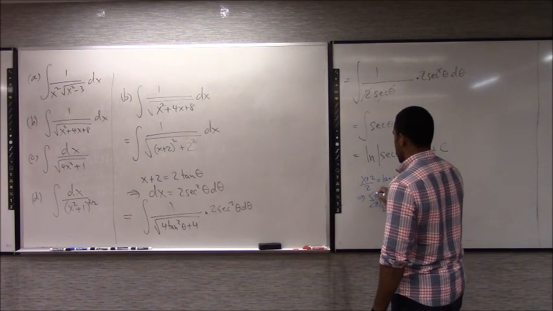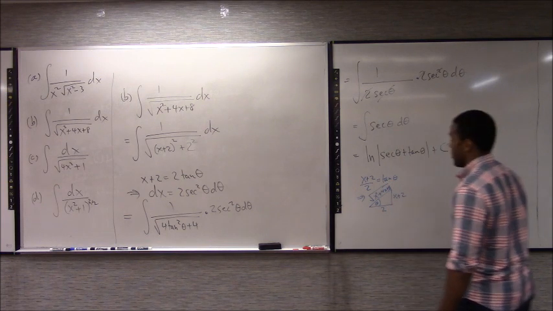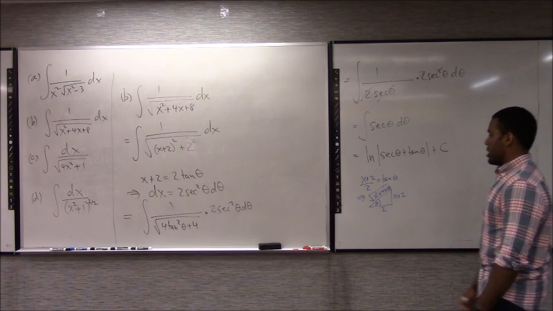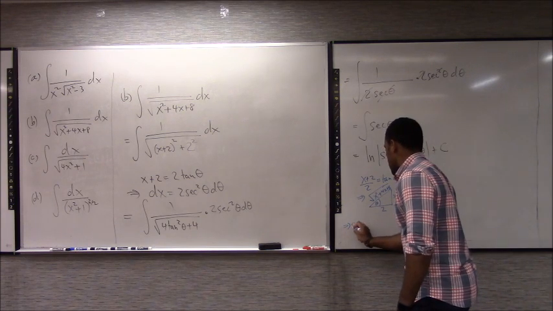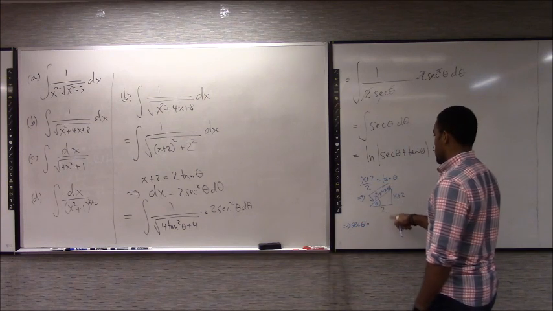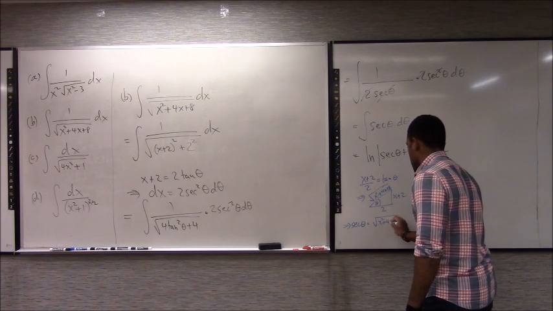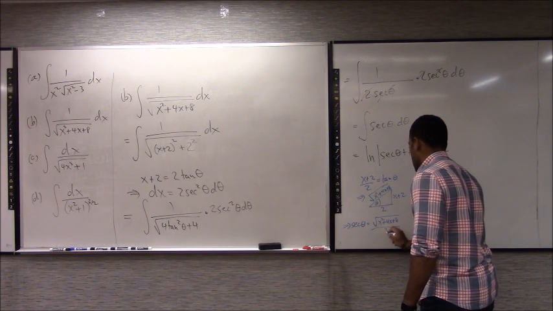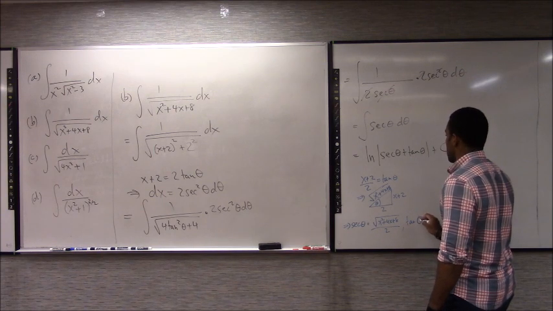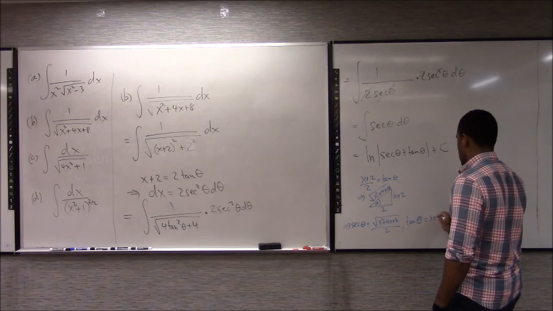So that actually gives the square root of x squared plus 4x plus 8 back over there. And from this I can figure out the secant and the tangent. This implies that the secant of theta is going to be the hypotenuse over the adjacent, and the tangent, which we already have here, is x plus 2 over 2.